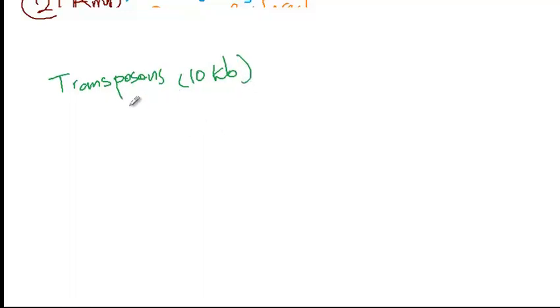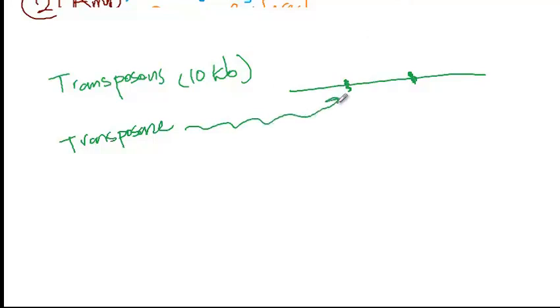And these DNA fragments, in the presence of the transposase enzyme, can come out of the chromosome and jump around, move somewhere else. So here, let's say that we have a chromosome and we have transposon sequences right here. Now in the presence of the transposase enzyme, these transposons can come off. So this DNA fragment can come off and move somewhere else in the genome. So they would jump around.